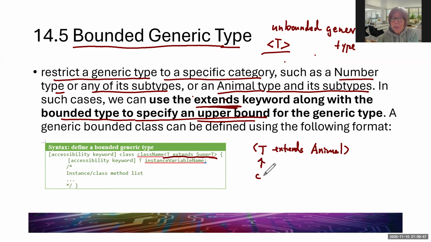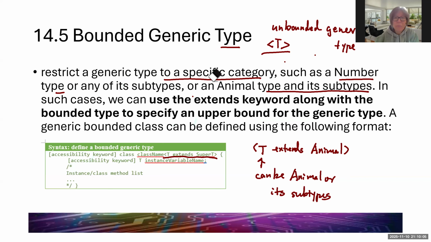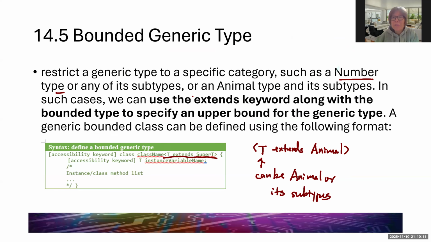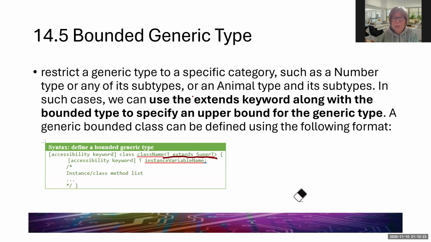Then T can be Animal or its subtype. That's the idea. We call it bounded. So for the definition, you need to use the keyword extends, which allows you to provide an upper bound over here. So it allows the type and its subtypes. So that's the idea about bounded generic type.